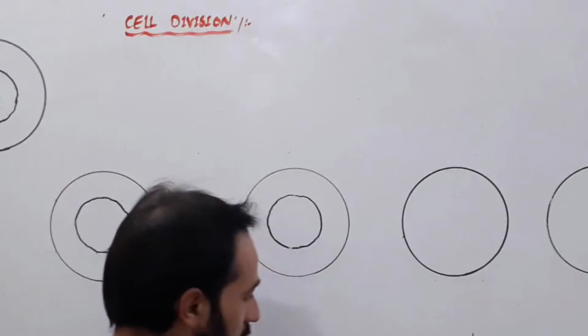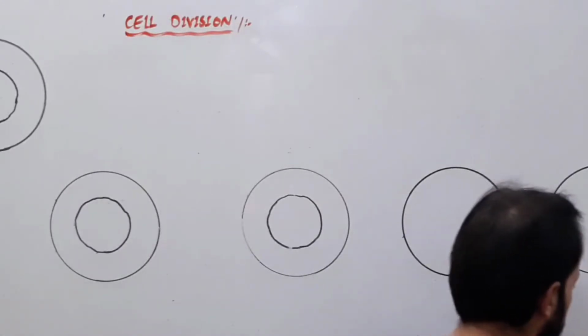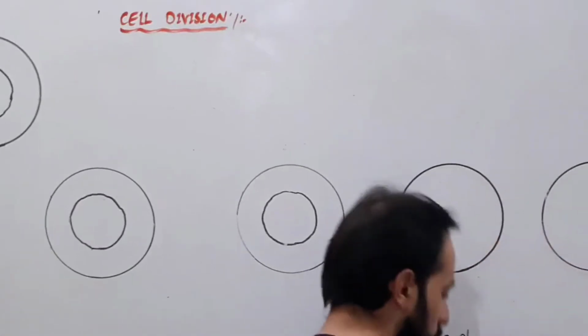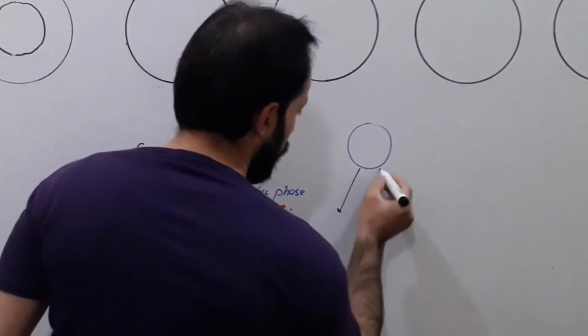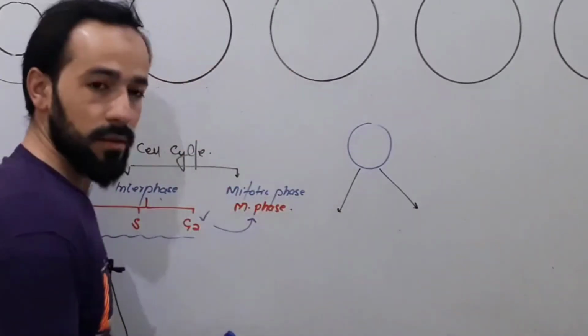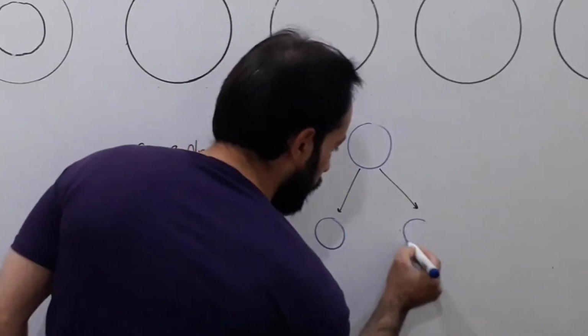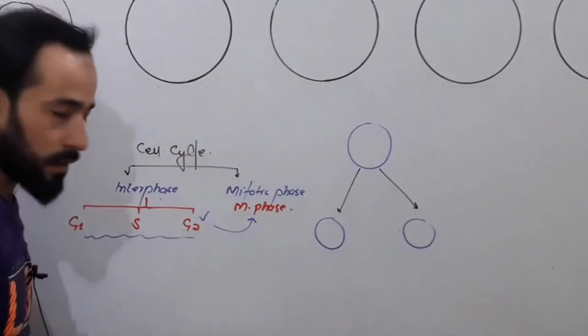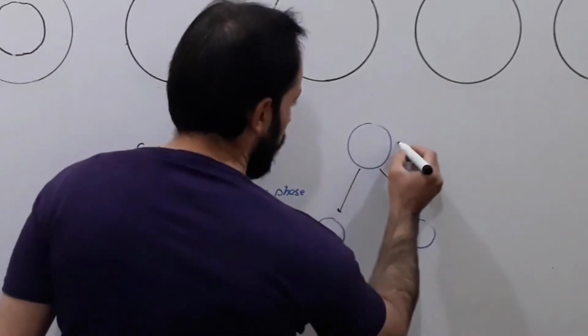Let us first clear it from a diagram here, then we will understand what cell division is. Friends, it is a cell and this cell wants to become two. This cell is going to do something that will lead to its division into two parts. So this process is called cell division. Look carefully. It is a mature cell.